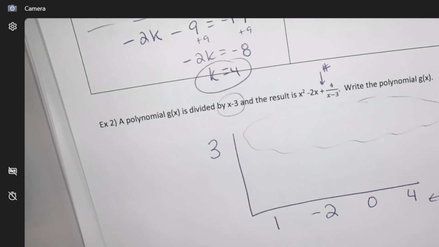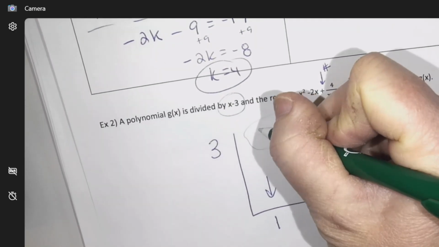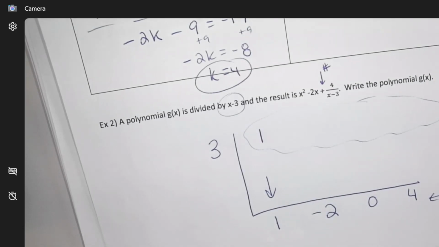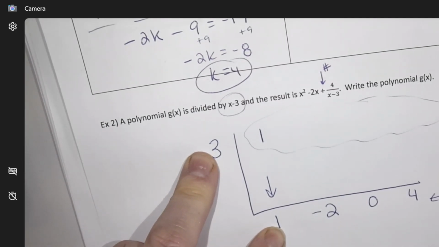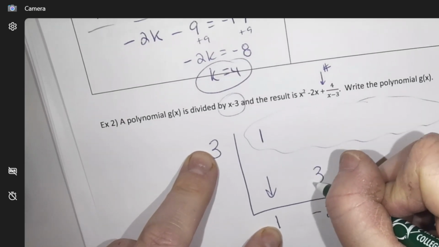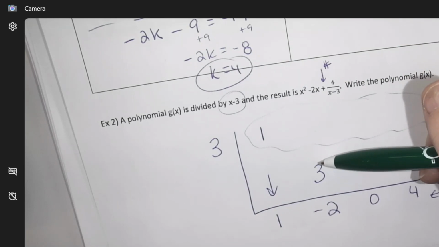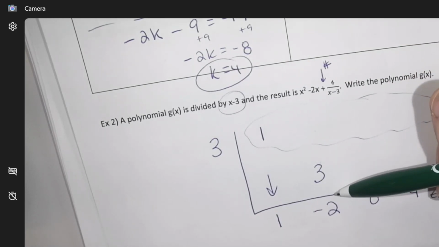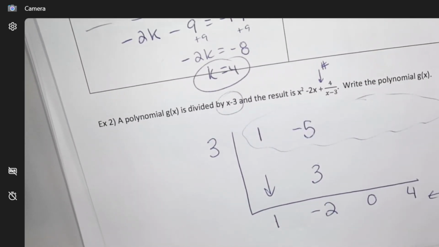Okay, can you kind of work this backwards? It's a little bit of working backwards. So what would I have needed to bring down to make a 1 there? You would need a 1. So 3 times 1 would have put a 3 there. What plus 3 is -2? -5, is that what you said quietly under your breath?